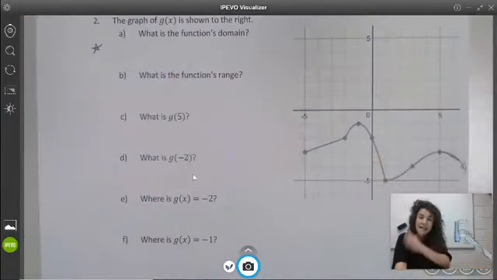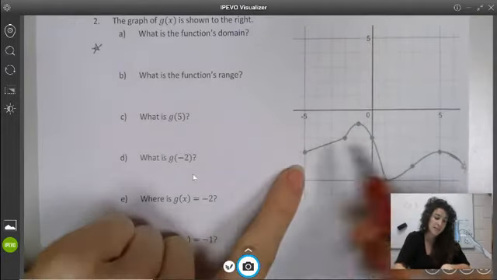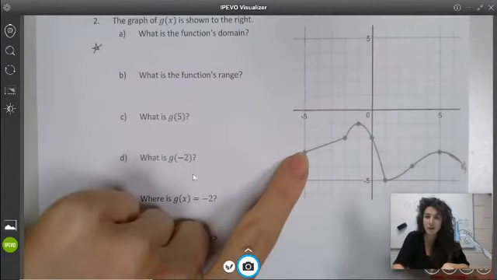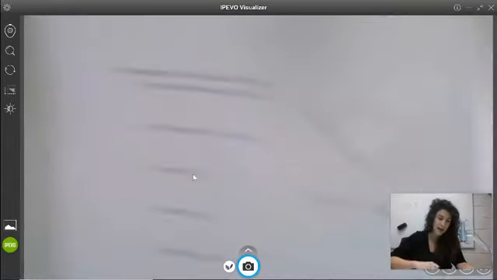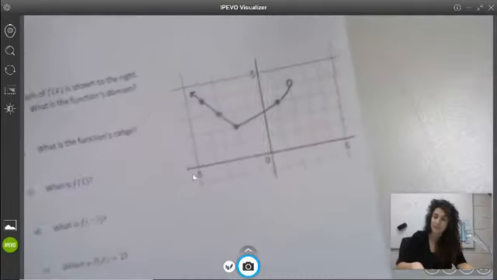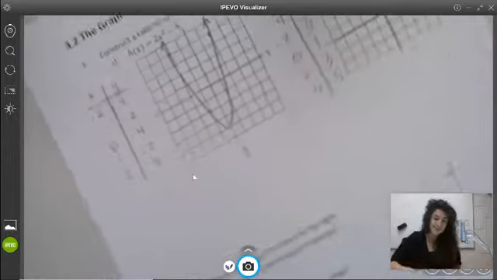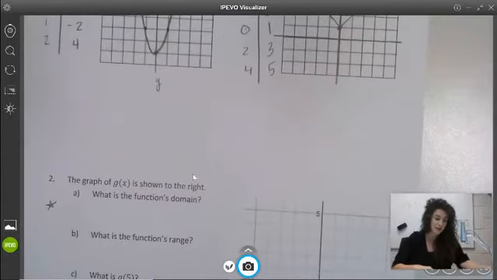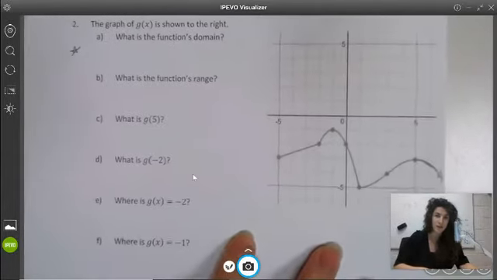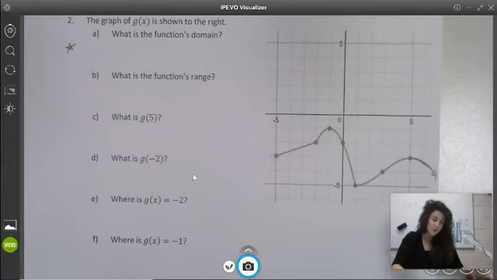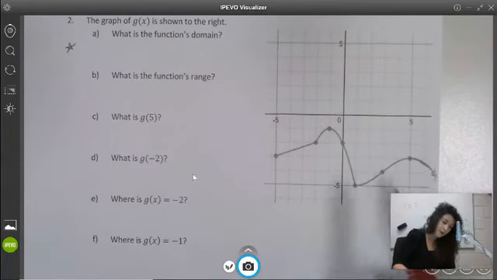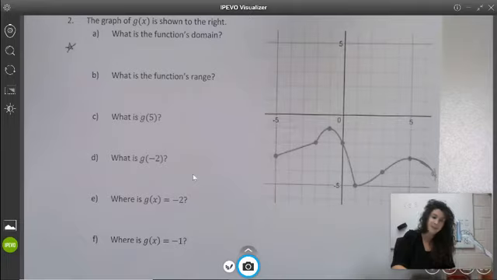Since there are dots, that means that it ends there. Since it's a closed dot, it means it includes that value. Notice on the back, we'll have an open dot, and we'll talk about what that means. But a closed dot means that we include that value in our domain. So that means that we are all the way from -5 to +7.